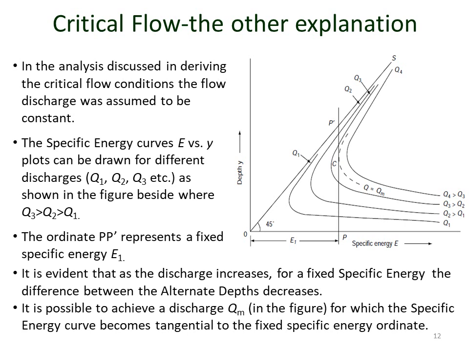So let's again take a given or fixed specific energy in the diagram, given by E1, which is represented by the ordinate PP prime. For this fixed specific energy, as you can see, if you go on increasing the flow discharge, the difference between the flow depths, or the alternate depths, decreases.